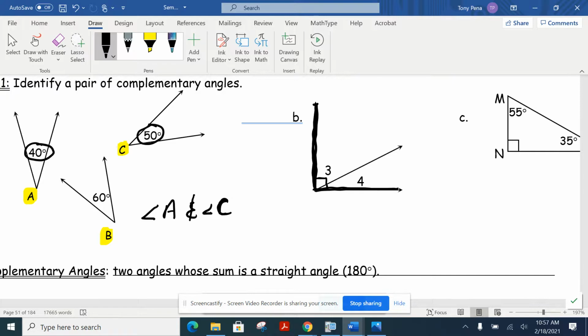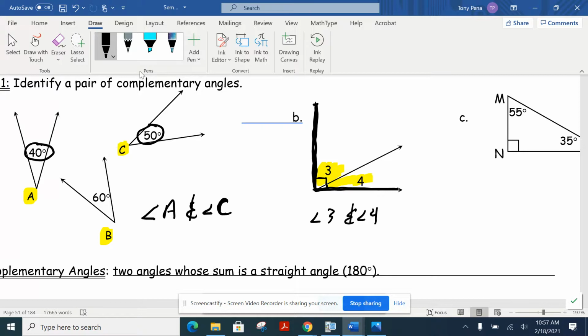Well, if these two lines make up a 90-degree angle, don't angle 4 and angle 3 together, here and here, have to add up to give you the overall angle? So in this case, angle 3 and angle 4 are our complementary angles.